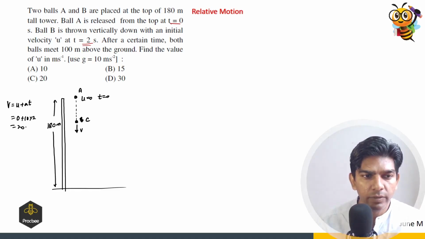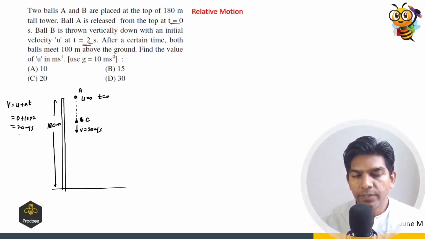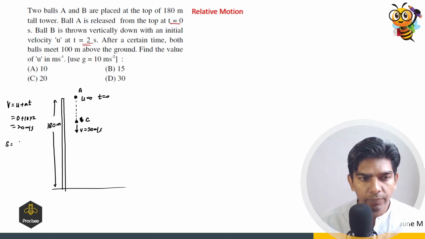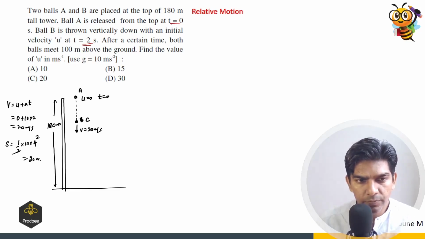So that will be 20 meters per second. Now what is the displacement? Displacement will be half 10 t square, that is also 20 meters.